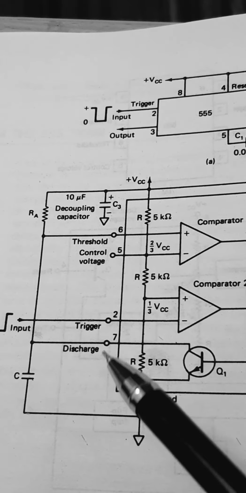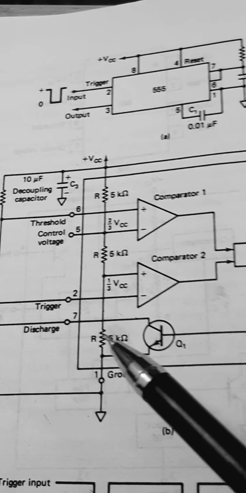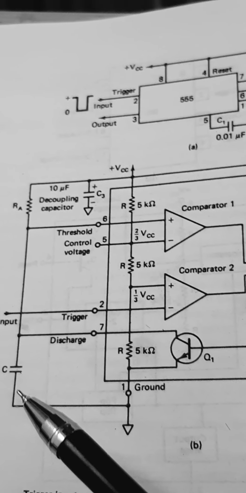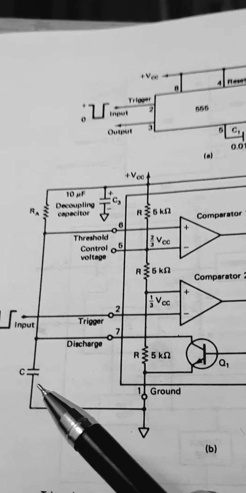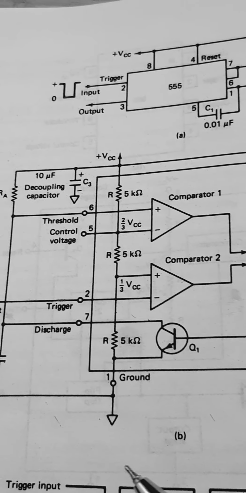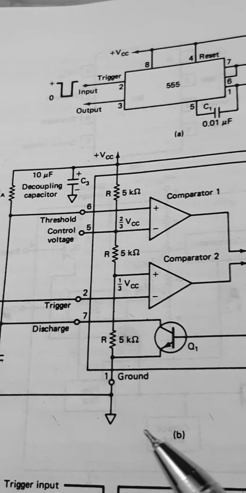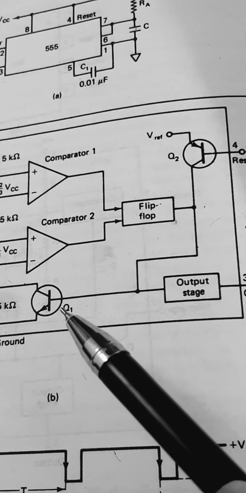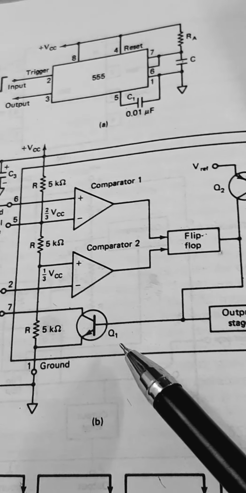Now, pin 7 is discharge. Suppose you are connecting a capacitor like this, and it is connected to the collector of an internal transistor Q1. When the output is high, before the output stage it will be low, so transistor Q1 is off.